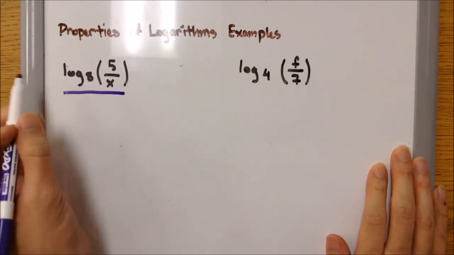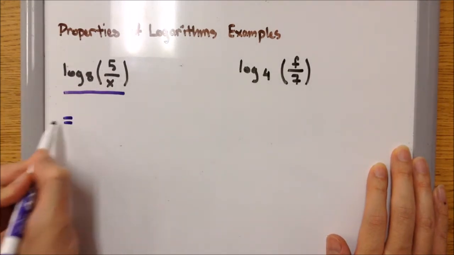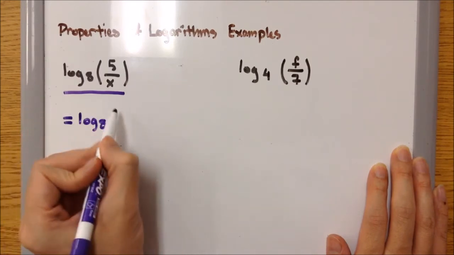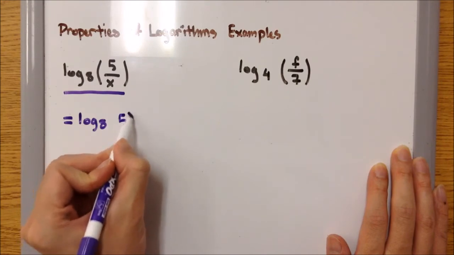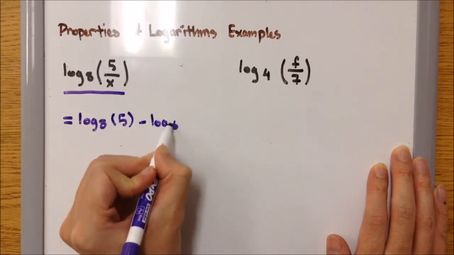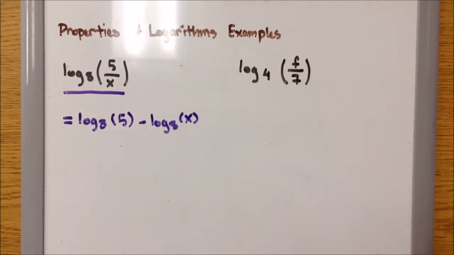So log base 8 of 5 over x is simply equal to log base 8 of 5, since 5 is on the top, 5 will go first, minus log base 8 of x. So that's all we have to do in that example.